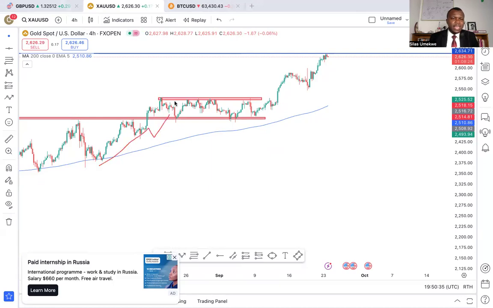Then it comes in here, and what is it doing? It's forming similar highs, similar lows. It's just playing inside here. This is a continuation pattern.